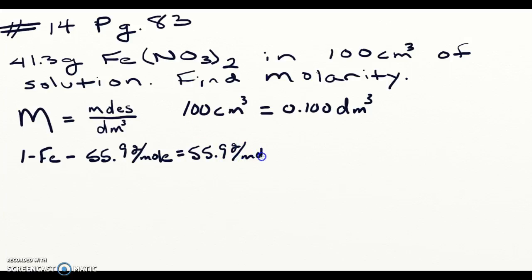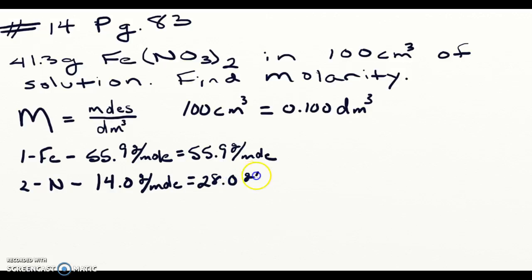Okay, let's go on to nitrogen. I have 2 nitrogens, and each one is 14.0 grams per mole. So I would take 2 times 14, and that gives me 28.0 grams per mole.